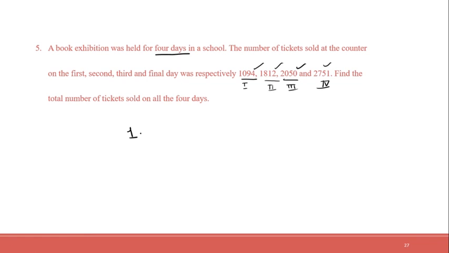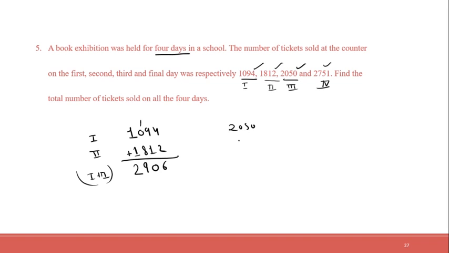First we are adding for day 1 and day 2. So it is 4 plus 2 is 6, 9 plus 1 is 10, 0 here, 1 carry here, 8 plus 1 is 9, and 1 plus 1 is 2. So this is for day 1 plus day 2, right? First and second day.